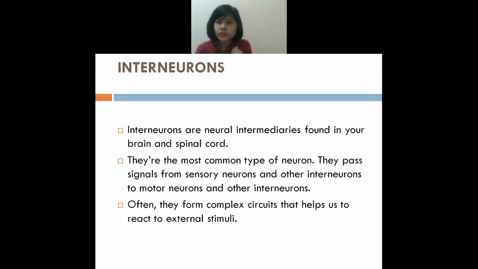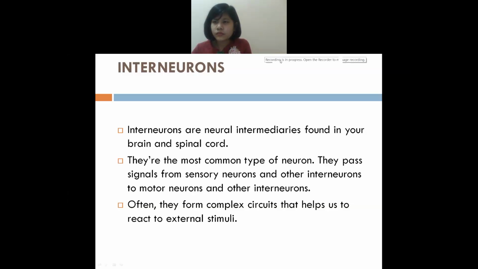Okay, so next is interneurons. So interneurons, where are they found? They are found in the brain and the spinal cord. And you will find that the interneurons send signals from the sensory neurons and other interneurons. Understand?